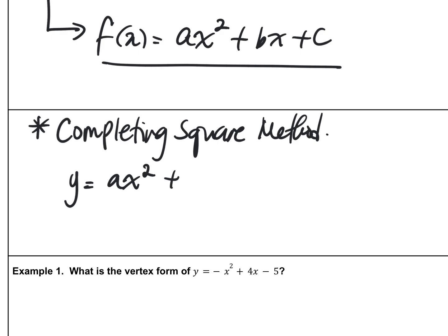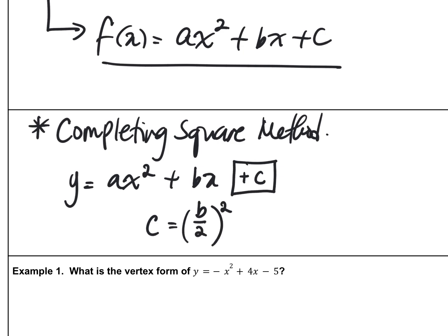That's going to be bx, and what you're going to be adding is actually the c, the c part. Now, to compute the c, we're going to get the value of our b divided by 2, and then we're going to square that. So this is just the basic understanding that I would like you to have when you're going to be converting from vertex form to standard form, or from standard form to vertex form of quadratics.